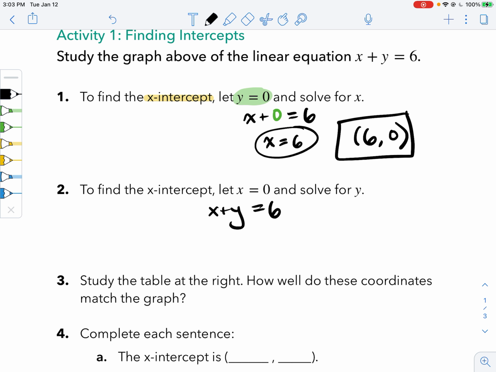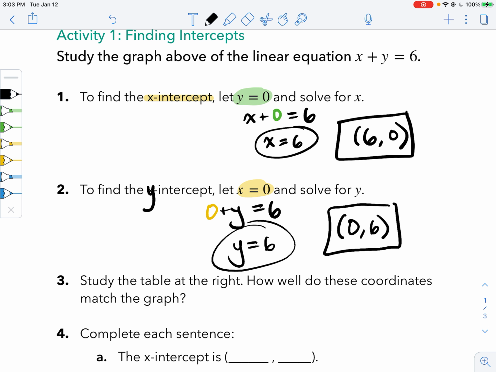To find the y-intercept, let x equal 0 and solve for y. So x is 0. 0 plus y is 6. Well, 0 plus y is just y, so y equals 6. So that tells us that our y-intercept is at over 0 up 6. They will not always be the same, but in this case they are.